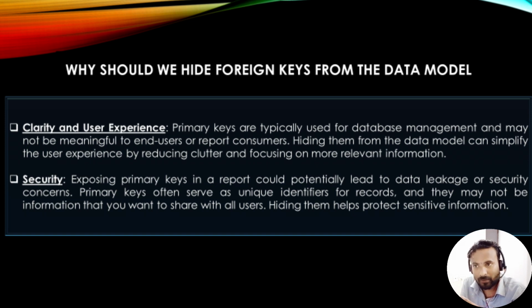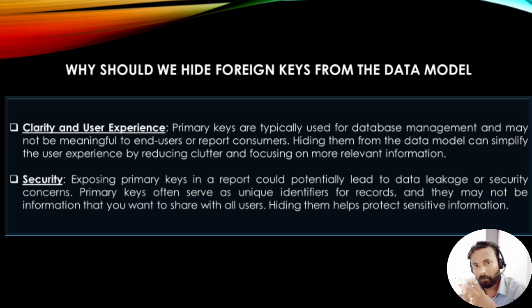As a part of analysis, it is not going to give you any meaningful insights. So as end users, you will get nothing from this foreign key, and hiding it will improve the end user or consumer experience and make your reports more user friendly. So whenever you see foreign keys in any tables, try to hide them.